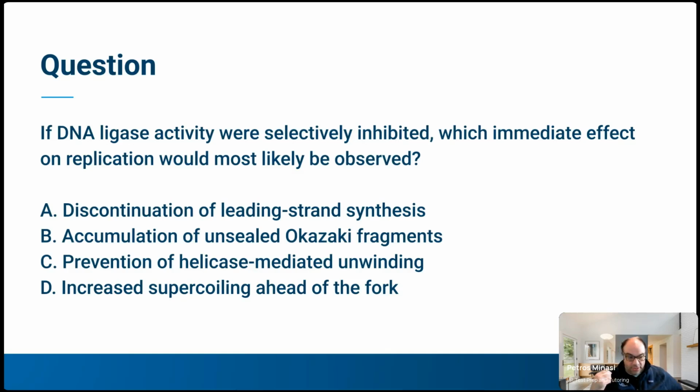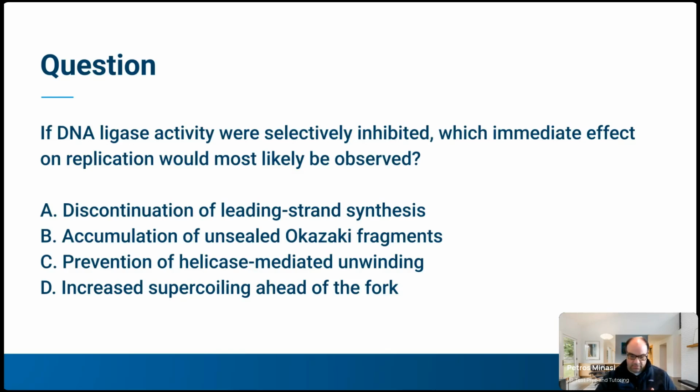And you go, well, they even told me in the passage that we use it to stick together the Okazaki fragments. So your logic is now going through, this is your critical thinking process. You're thinking, okay, my ligase isn't going to work. Therefore, I'm not going to be able to stick the Okazaki fragments together.